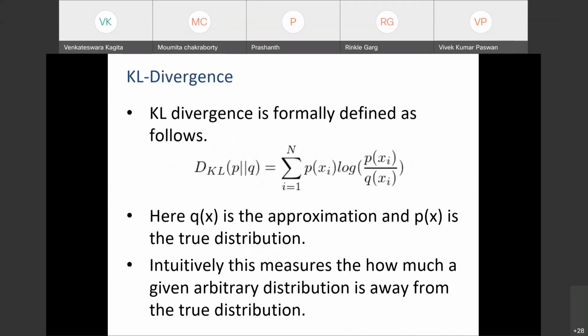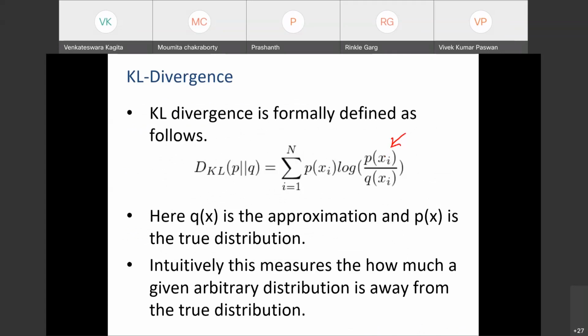Let us see. KL divergence is formally defined as D_KL of P given Q is equivalent to the sum over i equal to 1 to n of P of xi log P of xi by Q of xi, where Q of xi is the approximated probability distribution and P of xi is the true probability distribution, the distribution of a particular instance xi.